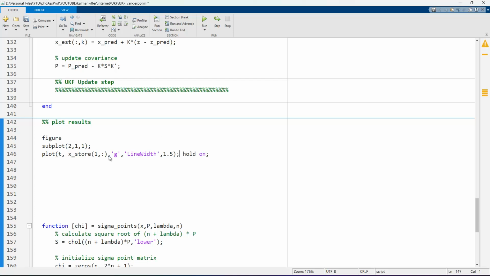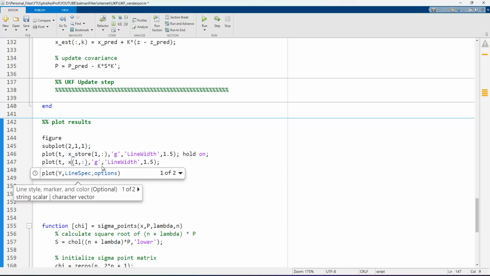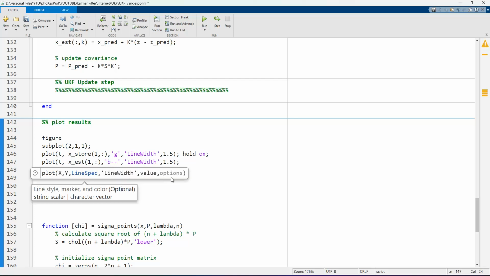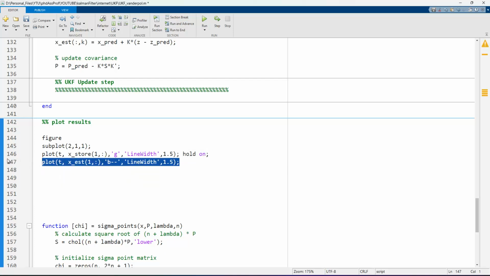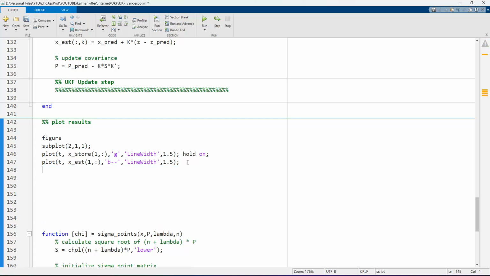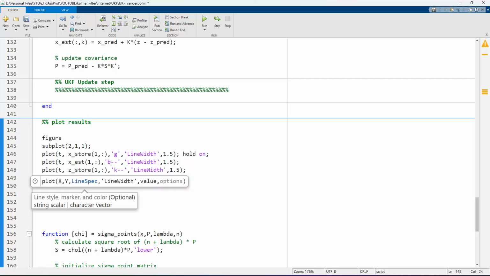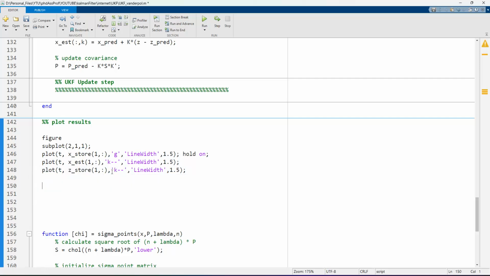Okay. And also we need to copy these terms, the x est value, the blue line with these terms, and also z store is equal to what?